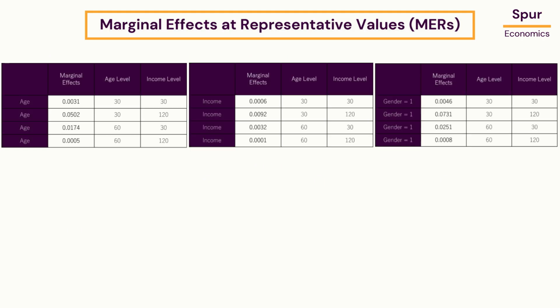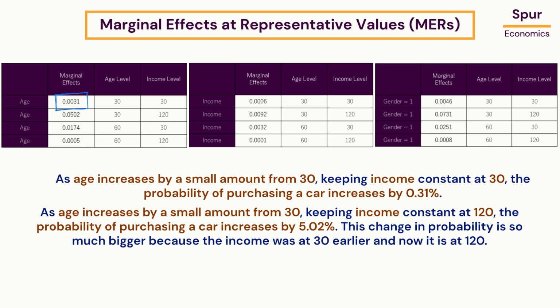The results of these commands are shown here, and let us interpret some of these results for better understanding. As age increases by a small amount from 30, keeping income constant at 30, the probability of purchasing a car increases by 0.31%. As age increases by a small amount from 30, keeping income constant at 120, the probability of purchasing a car increases by 5.02%.